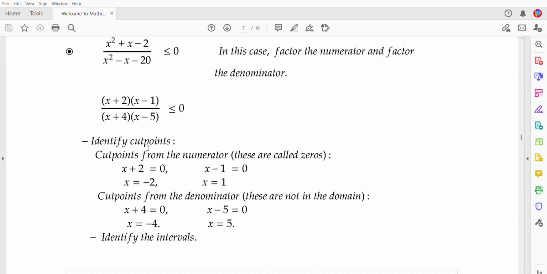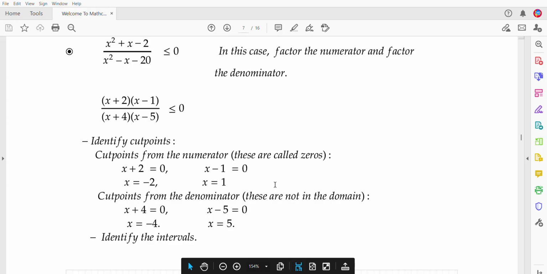Cut points. You get cut points from the numerators. Those are called zeros. And you also get cut points from denominators. Now this is the catch. Whether I'm less than or equal, greater than or equal, less than or greater than, cut points are all going to be the same.